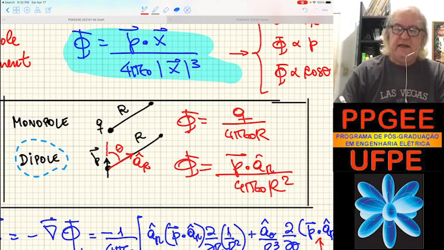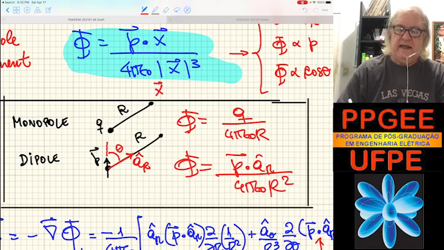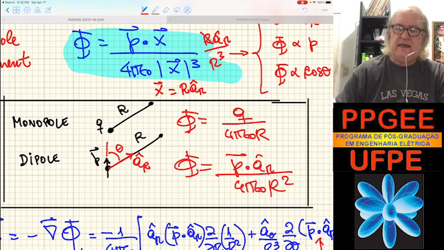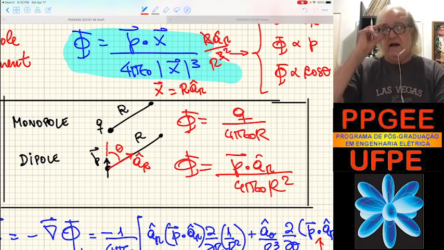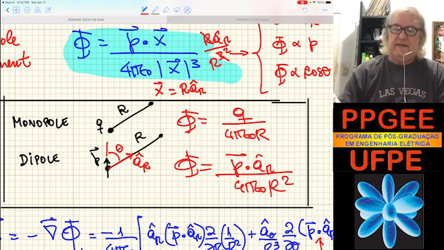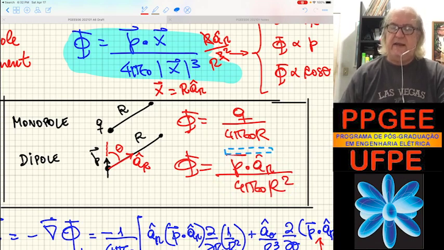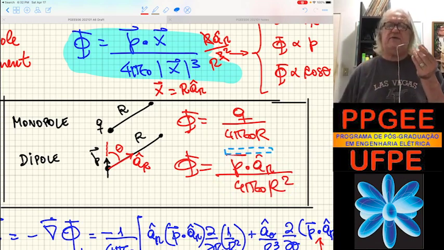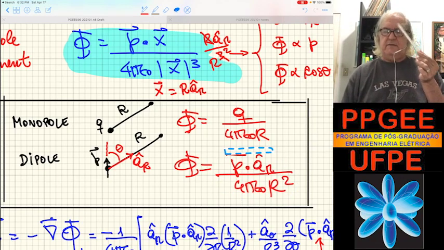So if you express x in spherical coordinates, you're going to have R a_R divided by r cubed. So you're going to cancel that out and have r squared. We end with this expression: a dot product between P and the directional vector, which is the radial versor, divided by r squared.